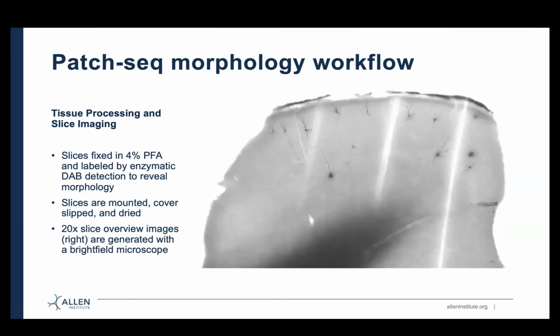To access morphological and anatomical information about Patch-Seq neurons, we have to fix the slices that Brian's team has recorded from and filled, and then we stain the slices and image them at different resolutions. Here I'm showing that gold standard slice that Brian showed, but without the multicolored reconstructions on top of them.